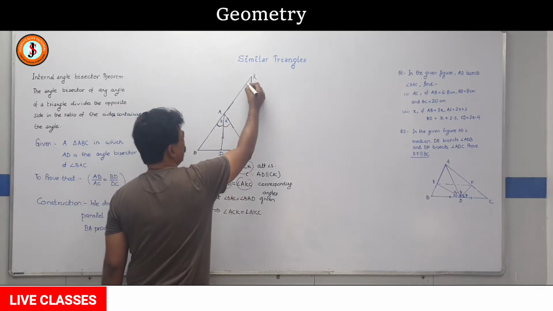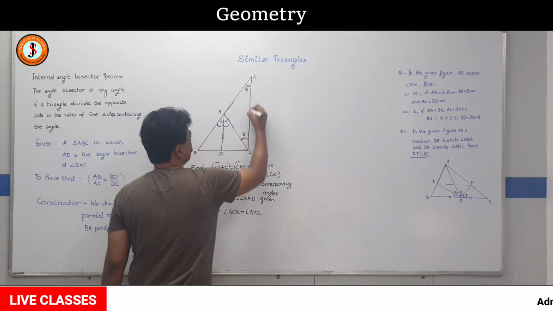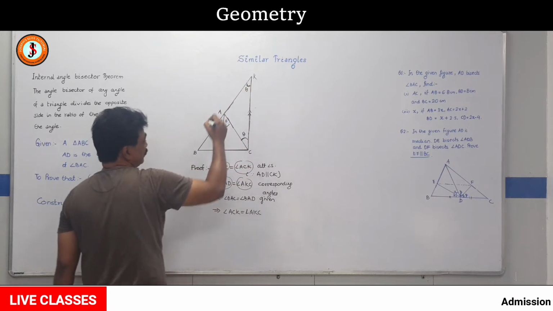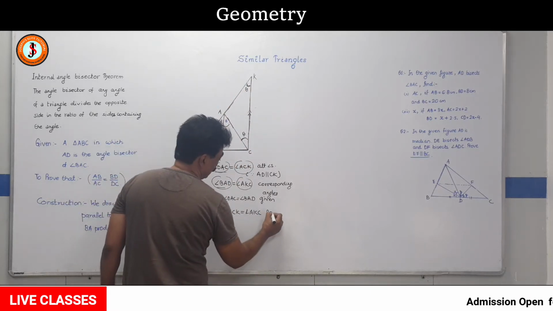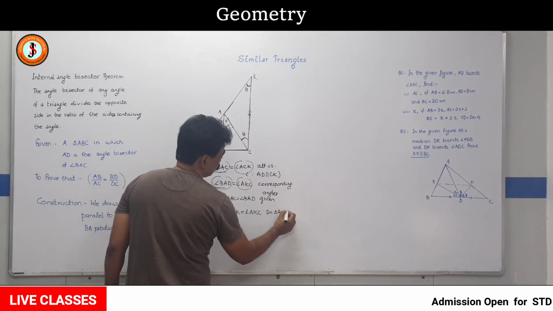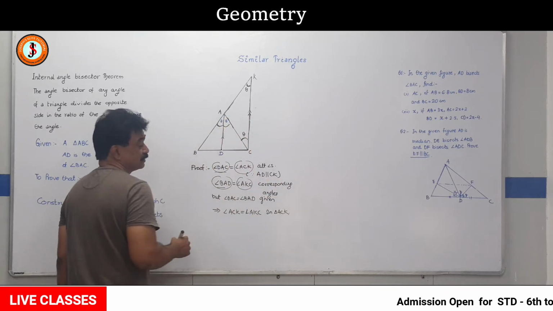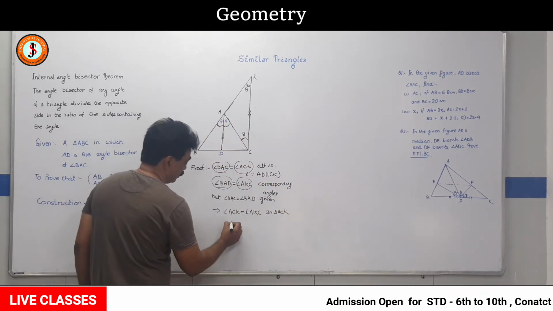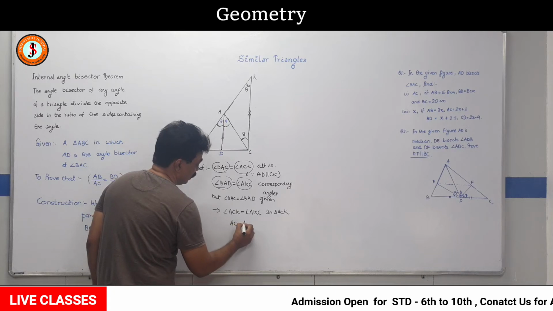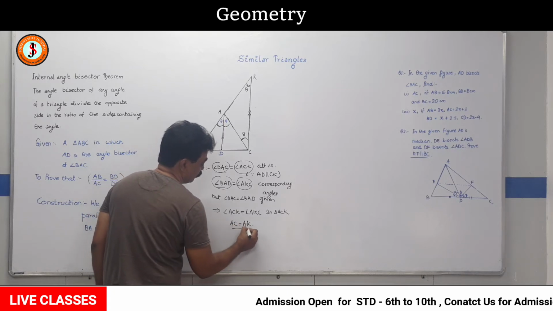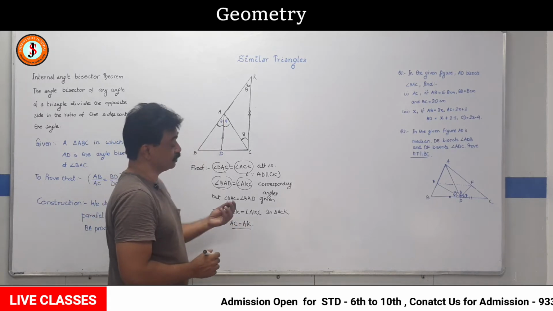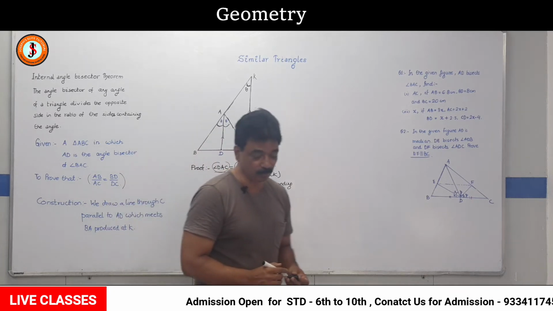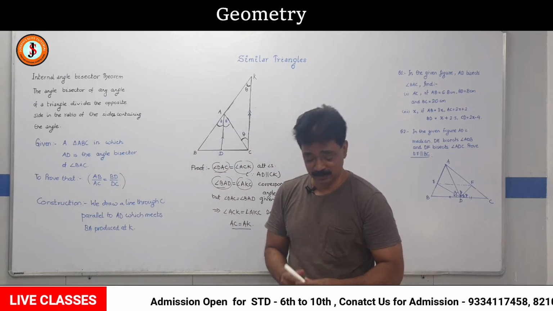So in triangle ACK, angle ACK is equal to angle AKC. If base angles are equal, then the sides are equal. So AC is equal to AK. Now our work is finished, our operation is finished, because now we can straight away apply BPT and replace AK by AC.